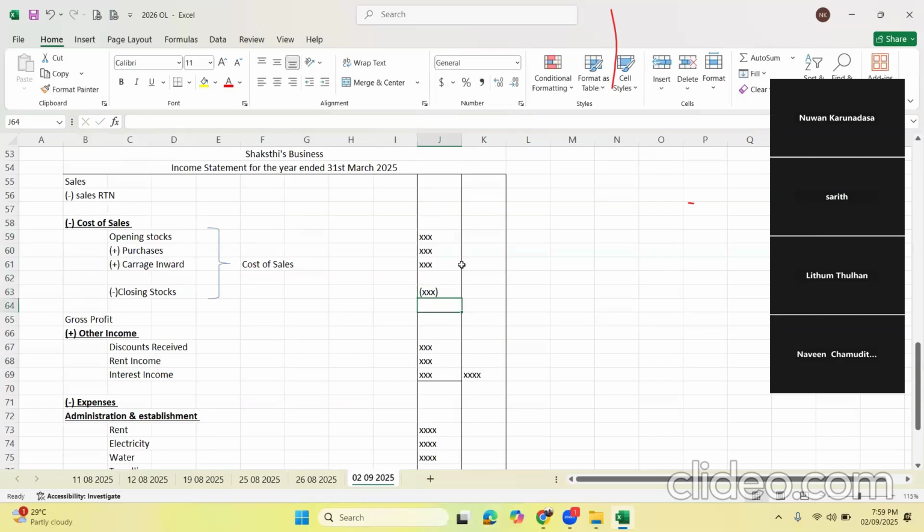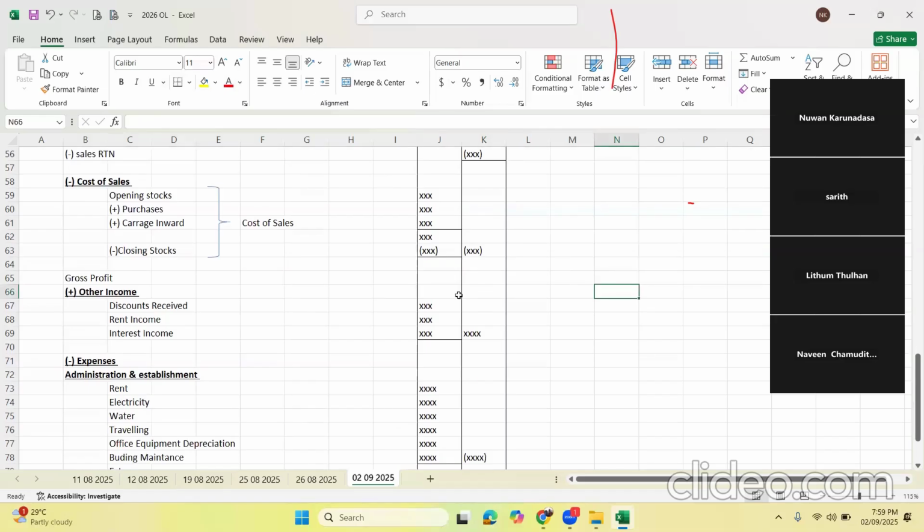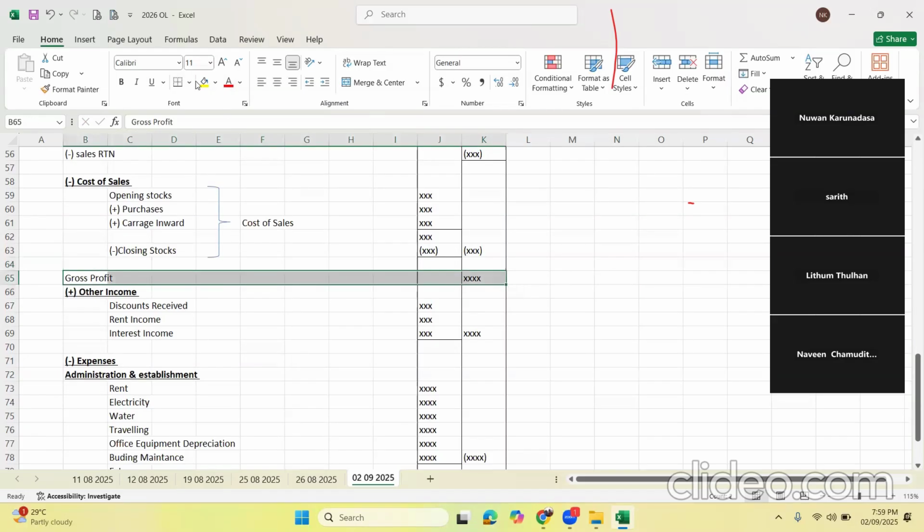Closing stock, you have to deduct. Once you deduct the closing stock, then you arrive at cost of sales. Here sales minus the sales return. Then the answer here is gross profit.